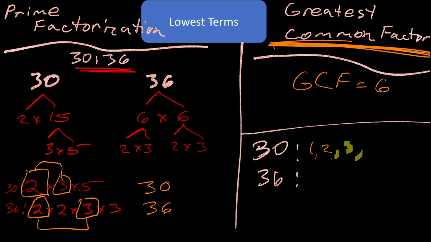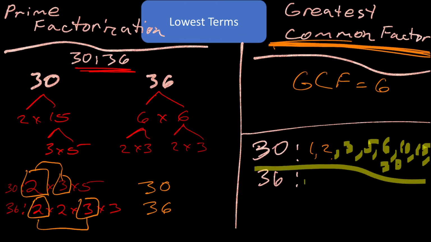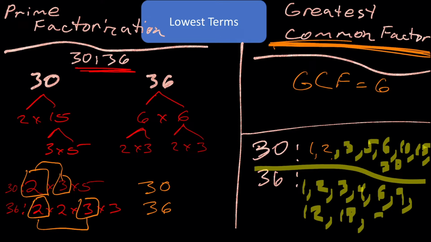Of course, it's not going to fit. 15, 30. Okay. All right. For 36, this would be 1, 2, 3, 4, 6, and then I'm at my middle. So 9 times 4, 12 times 3, 18 times 2, and that would be 36.